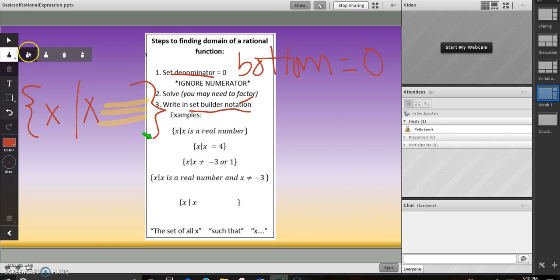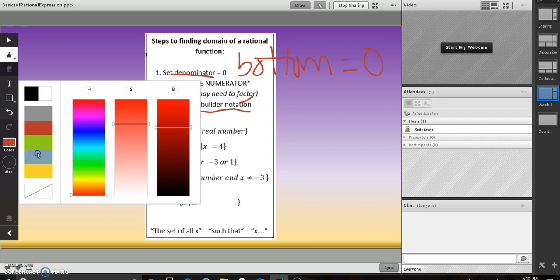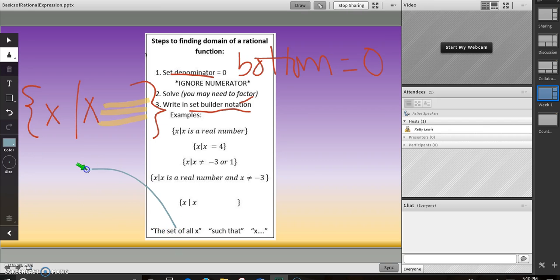All right, so let me change color first. The set of all x, that's what this piece means. Such that, that's what this piece means, that bar.